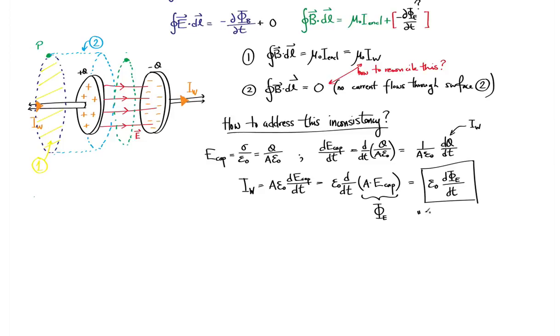And this I am going to call my displacement current, I sub d. So this is our missing term in Ampere's law.